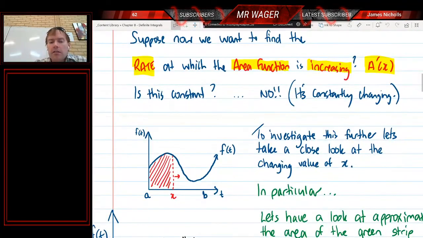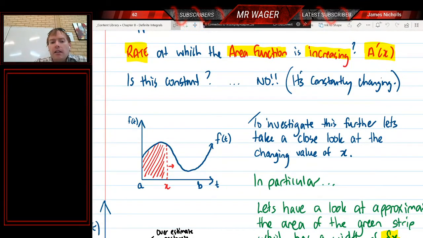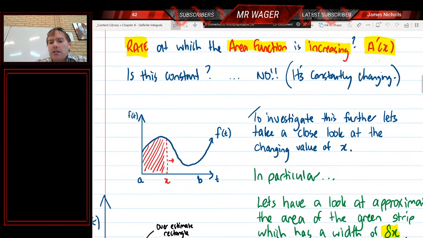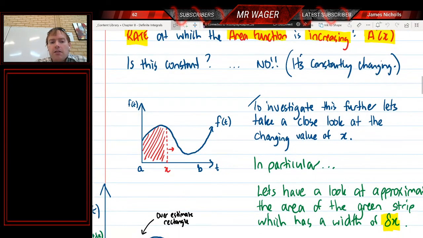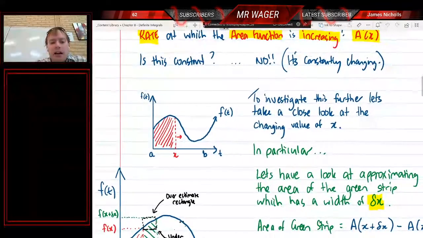Okay. So to investigate this further, let's take a close look at the changing value of x. We're going to zoom into this section here. We're going to find out what's happening to this area function if we just look at a small snippet. So let's think about a rectangle.